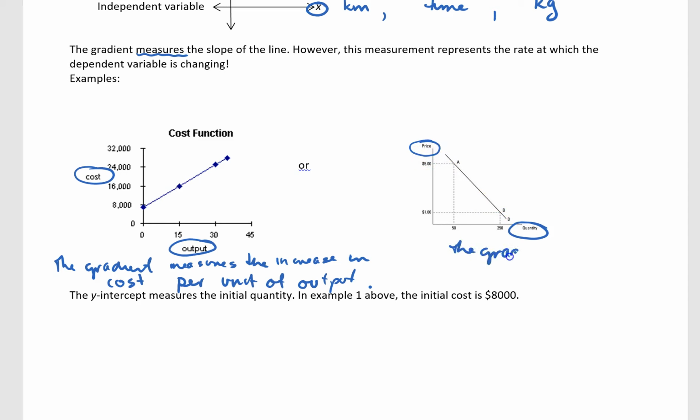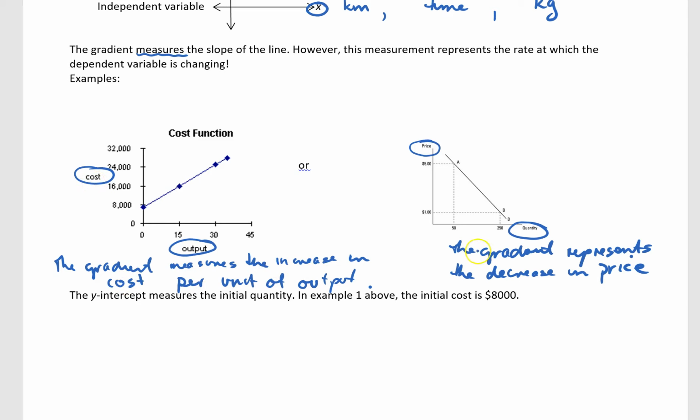The gradient represents or measures the decrease in price. Now you don't have to make that word up because it's written here on the axis. We didn't have to make up the word cost, it was written there.